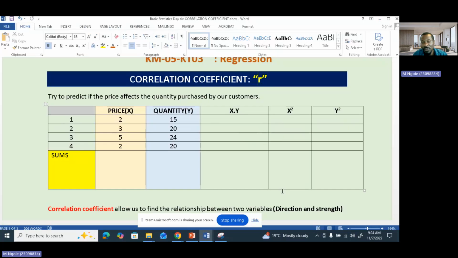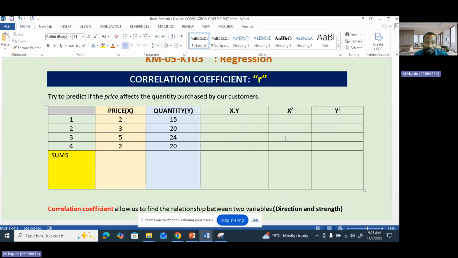We are trying to find the link between price and quantity, and this is the table here. In order for us to do so, we need the correlation coefficient, which will show us if there is a relationship or no relationship.